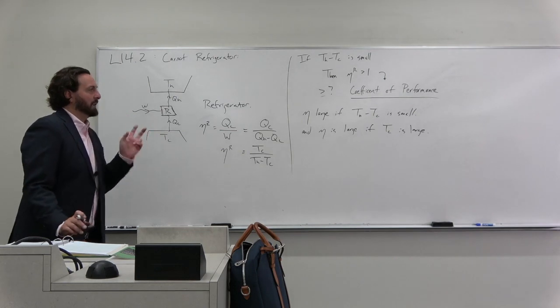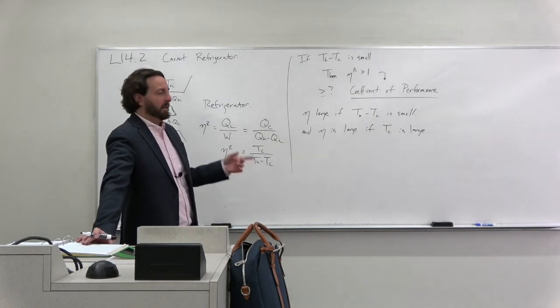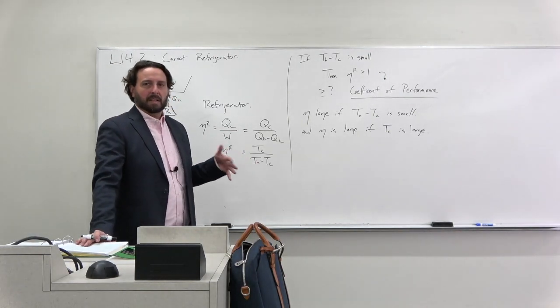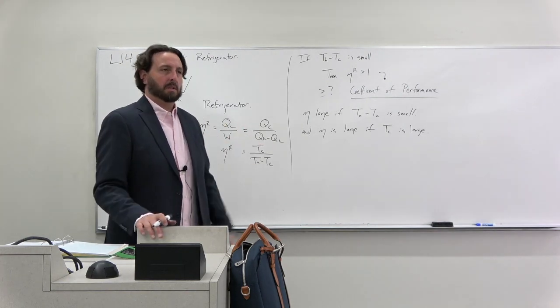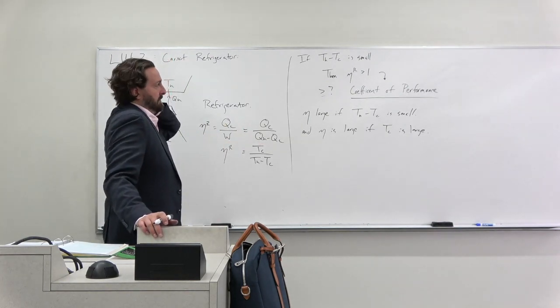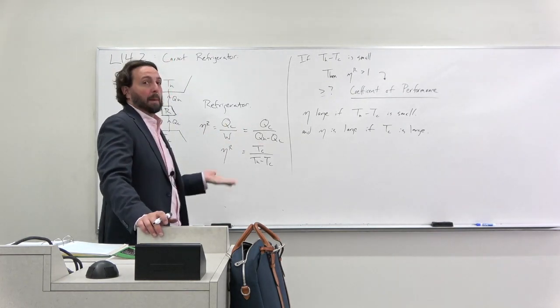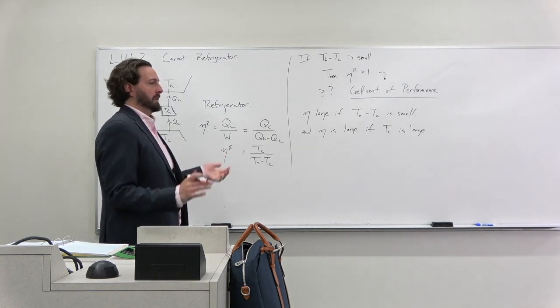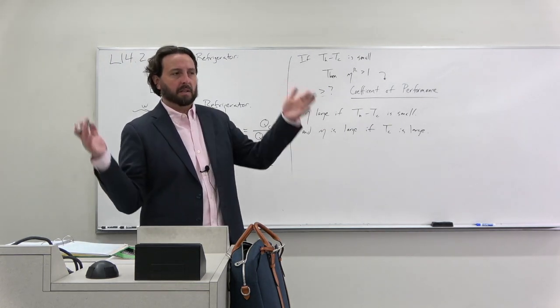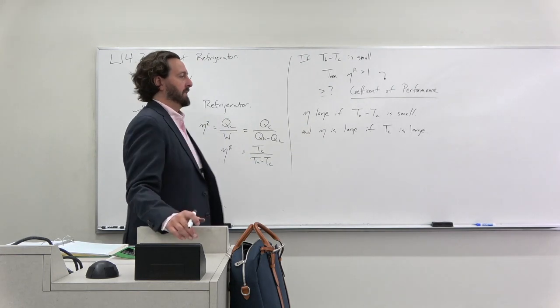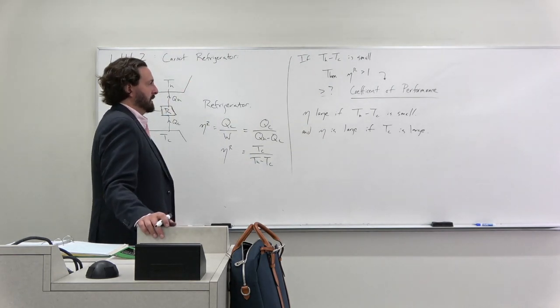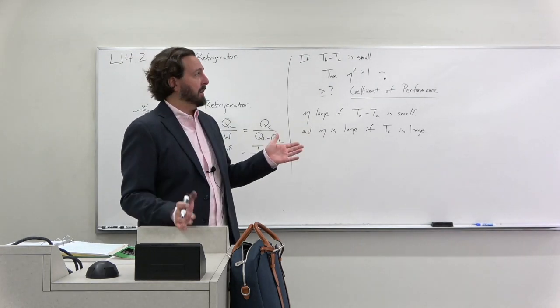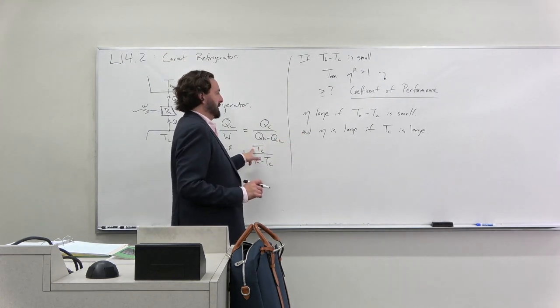Okay, so this is two really important things. One is a refrigerator is most efficient if you have very little temperature difference to make up, right? That's opposite of the engine that we saw last time. An engine is much more efficient if the temperature difference is very large. So here you want the temperature difference to be small, but you also want TC to be large.